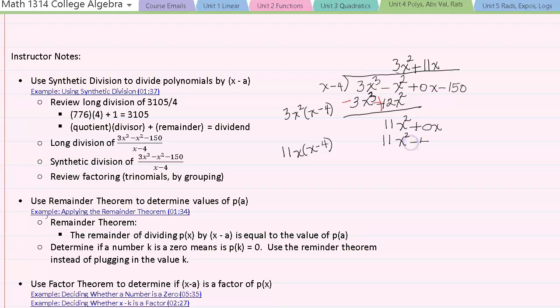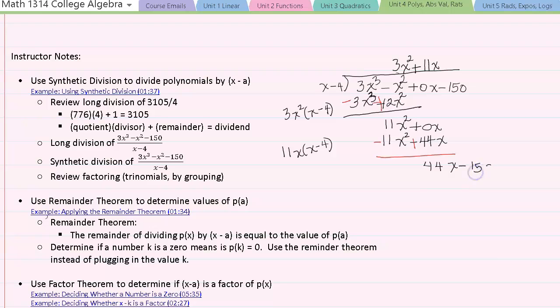Change the sign, and add like terms. This will give us 44x. We bring down the negative 150 and divide again.